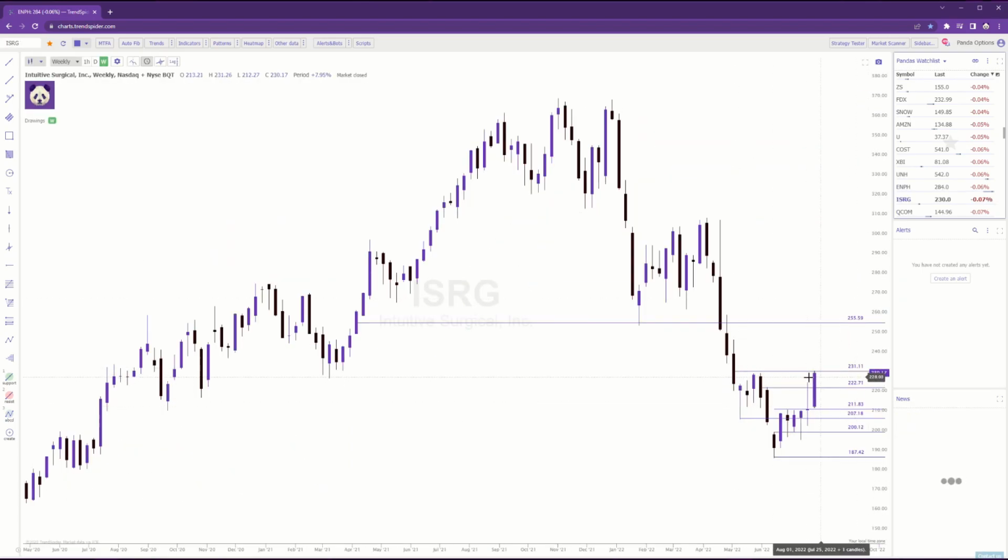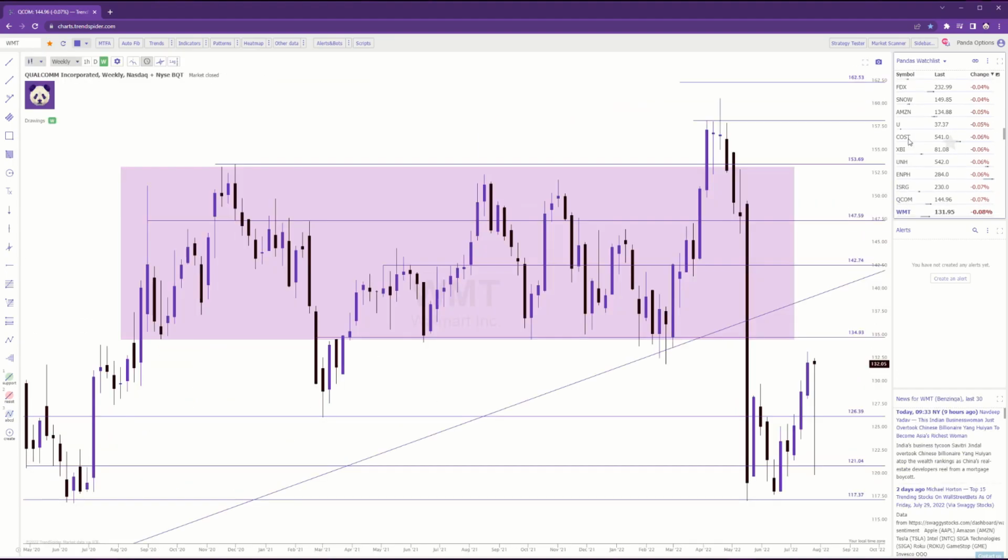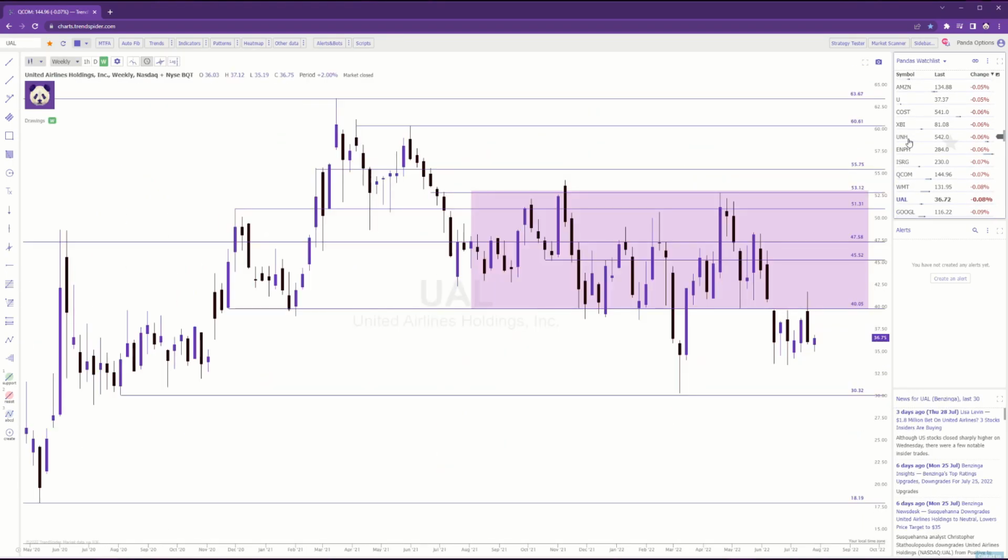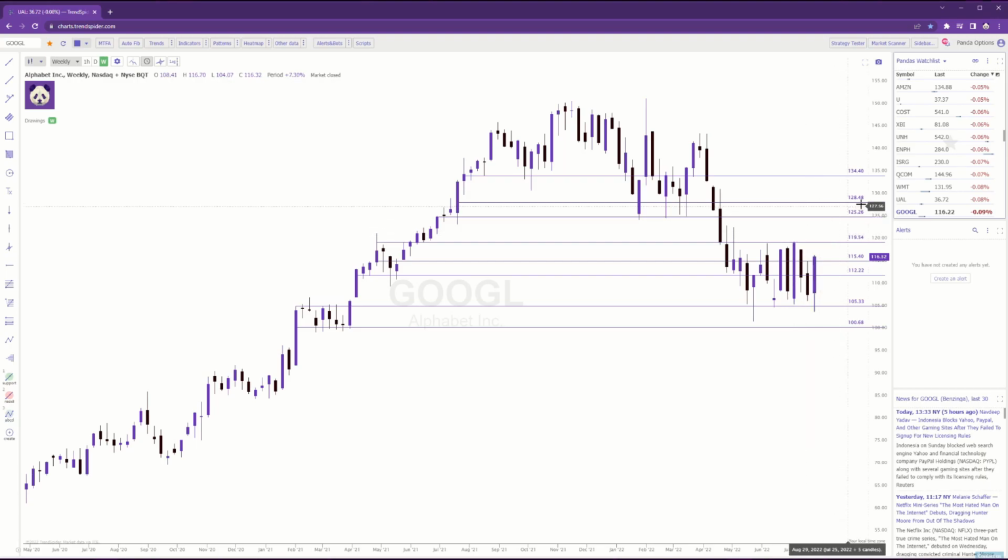ISRG looks like it's trying to break the downtrend here. And so if you're only plotting the bigger levels and you have a large basket of stocks through multiple different industries to look at, chances of there being 3 to 5 of them that are close to making or breaking out are high. And that's where I get my daily watch list every day. So, I get that question a good bit.